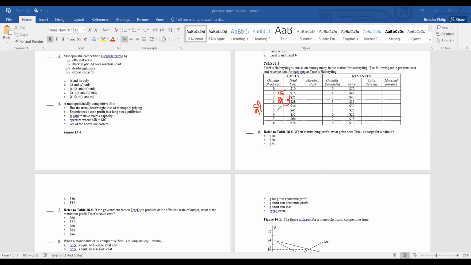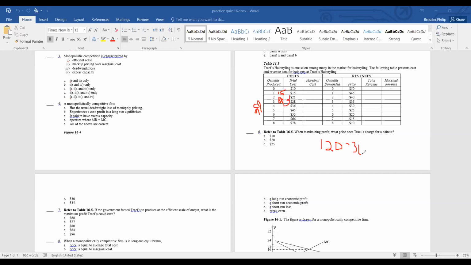The question asked, however, what is the maximum profit Tracy can make? So at 4, the total revenue is 30 times 4, which is 120, minus 36 is 84.